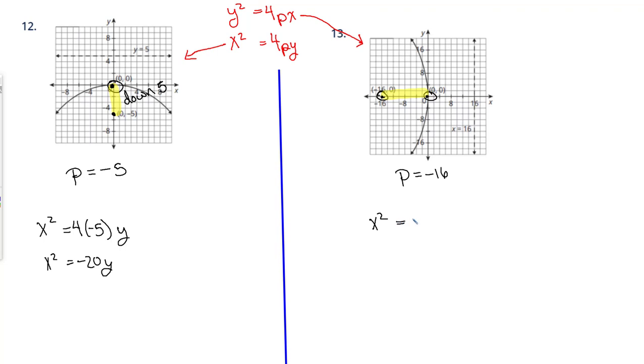So x squared is equal to 4 times negative 16y. Don't know where I was going with that number. That was not the number I wanted. Negative 64y. And so make sure you can identify different things from the parabola, like your axis of symmetry, your directrix, things like that.